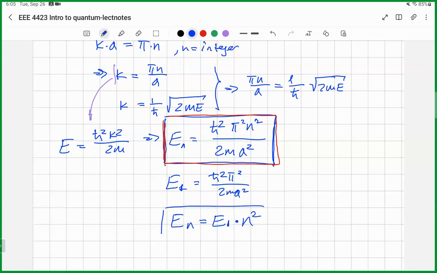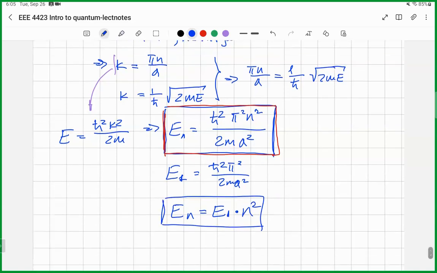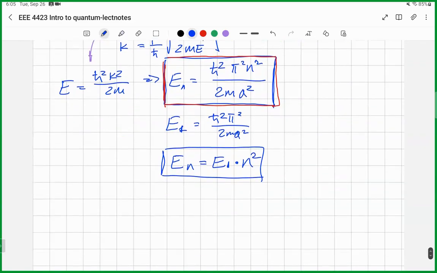Okay, so if I draw this like this, so this is the energy, right? Energy n. The first state is going to be, for example, here.